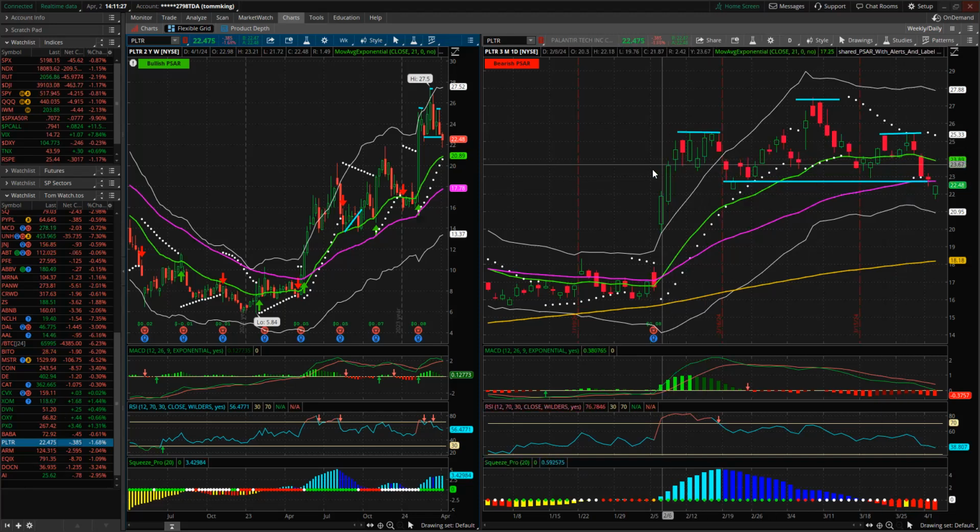You can see an easy left shoulder, head, right shoulder, neckline, break today. Meh, this thing does not look bueno. So I think if you're long Palantir, you're probably in the wrong direction right now.